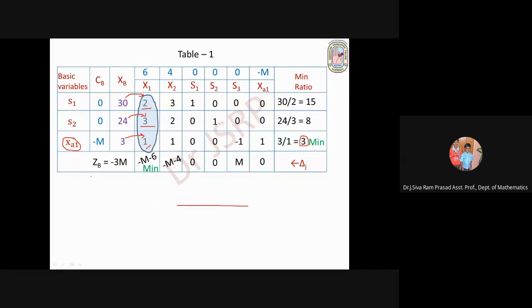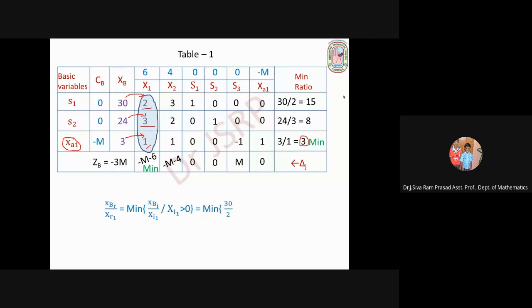How do you write it mathematically? The minimum of XBi by xik, where k means the entering basic variable's suffix. The entering basic variable is x1, so k is 1. That is the minimum of XBi such that xi1 is greater than 0.